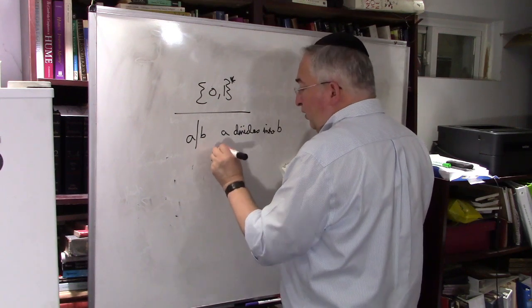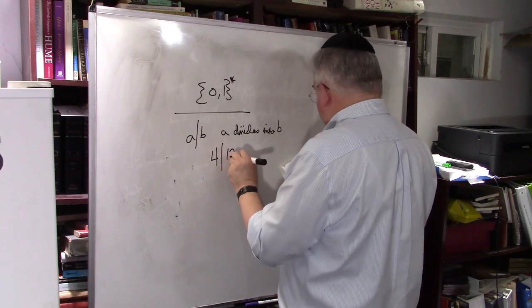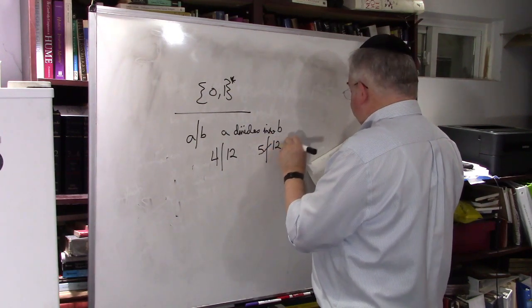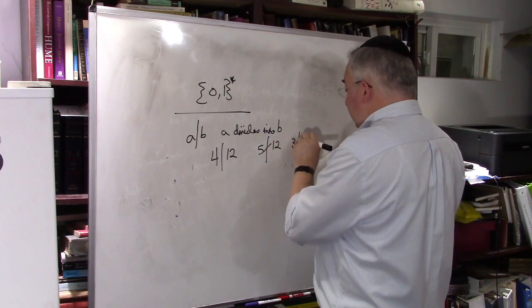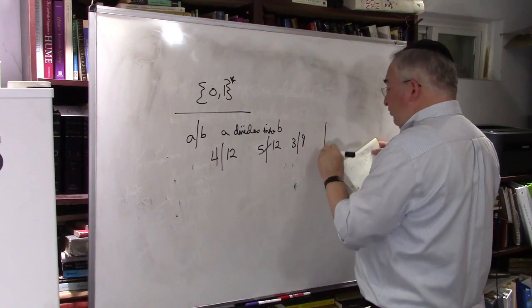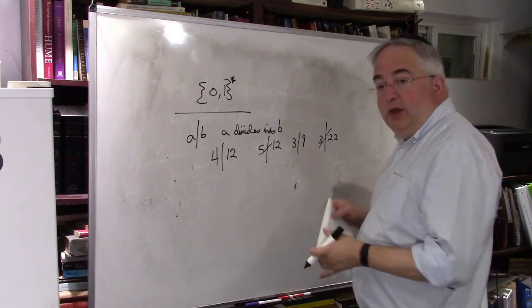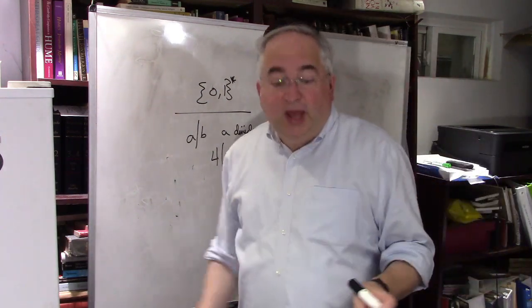So 4 goes into 12. 5 does not go into 12. 3 goes into 9. 3 does not go into 22. You're going to need that for one of the homework questions. Anyway, that is the end of section 1.3. Hope you enjoyed. Then we do section 1.4.